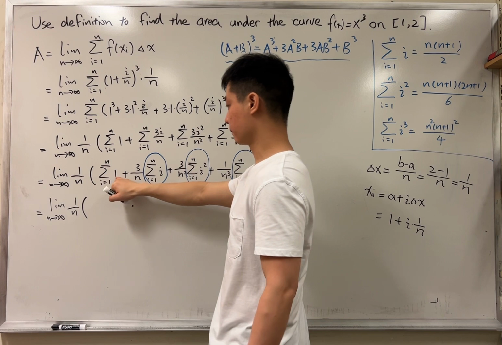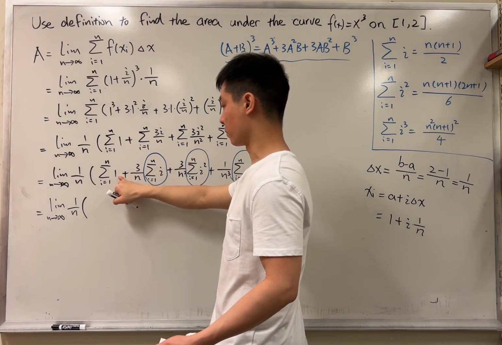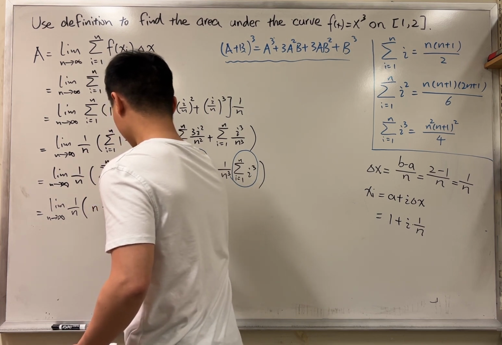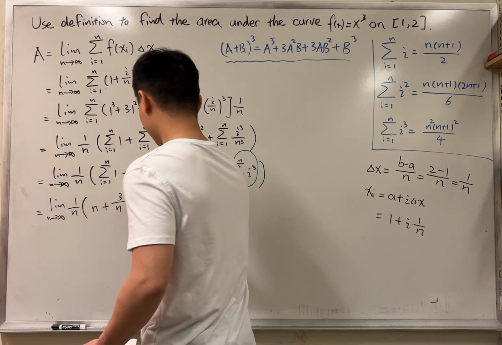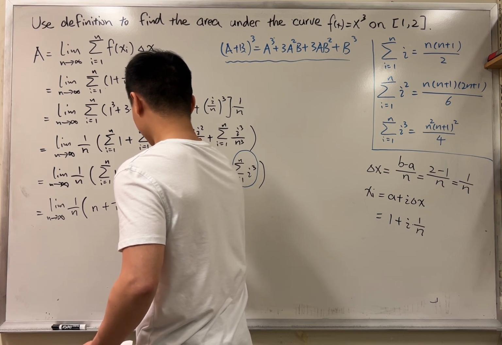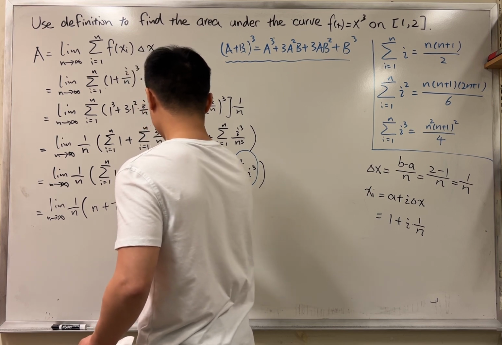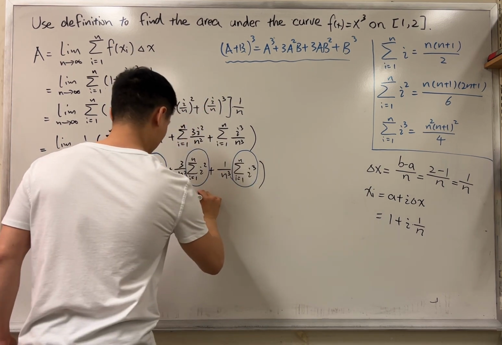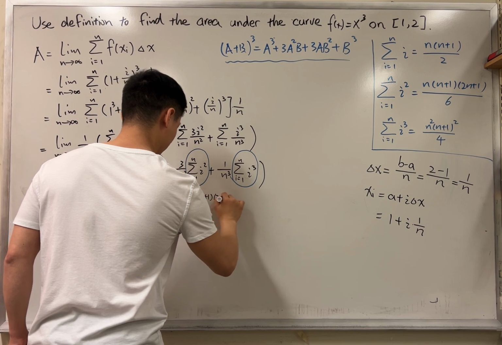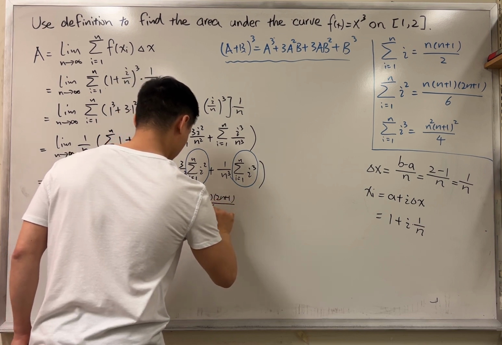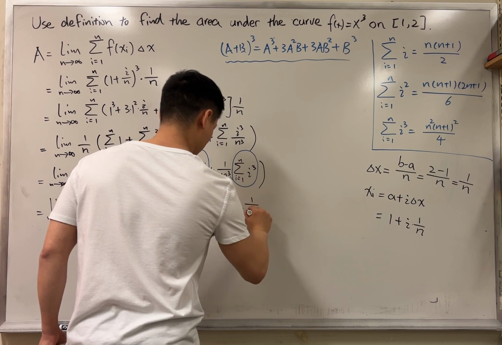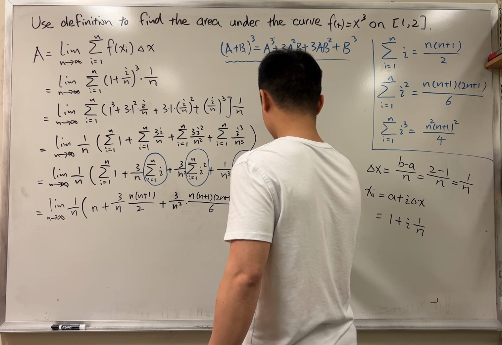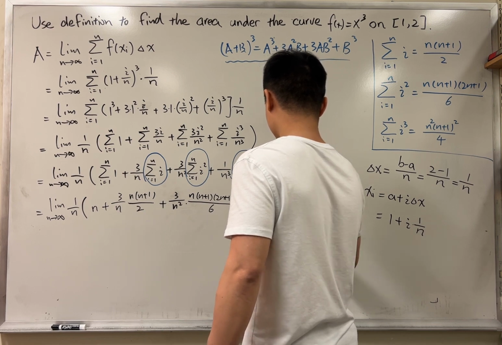This is adding n of these ones together, so we simply have n for this term. And then the second term will be n times n plus 1 divided by 2, plus 3 divided by n squared times n times n plus 1 times 2n plus 1 divided by 6, plus 1 over n cubed times n squared times n plus 1 squared divided by 4.